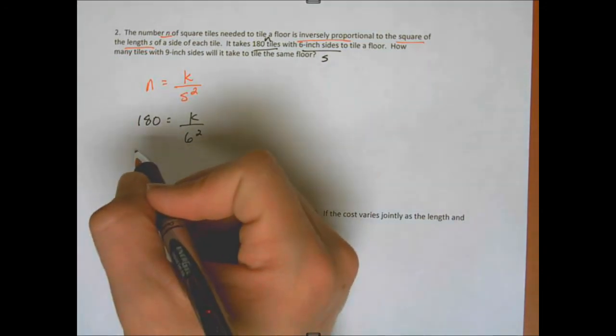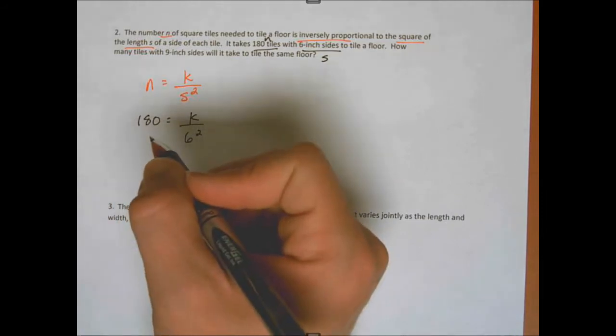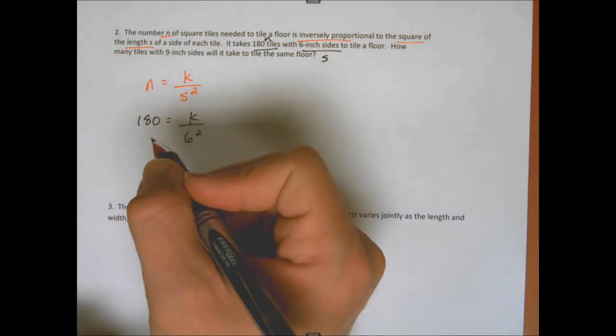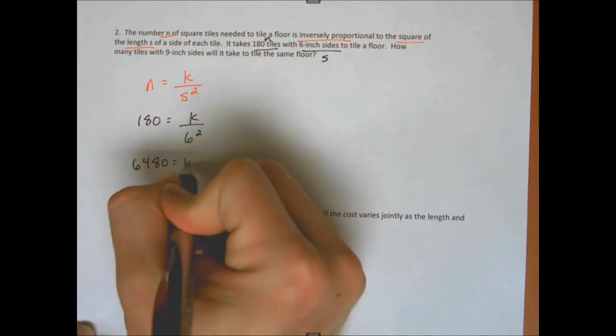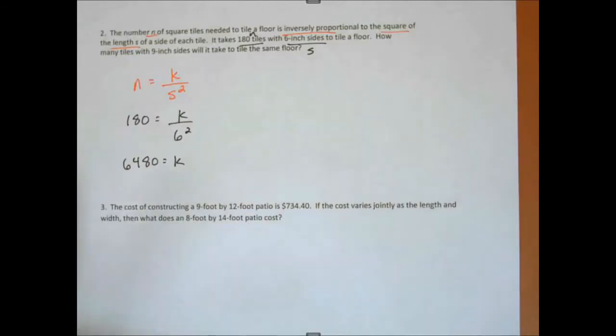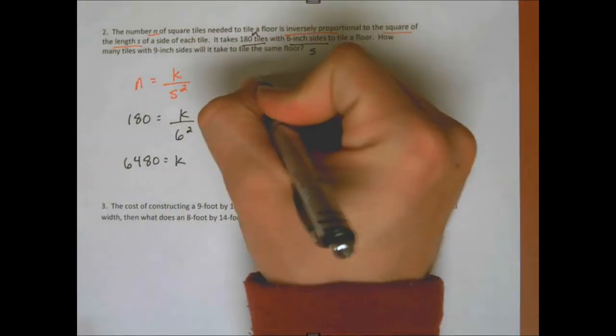We multiply both sides by 6 squared, or by 36, and we get 6,480 is equal to k, which is great because now we have an equation.